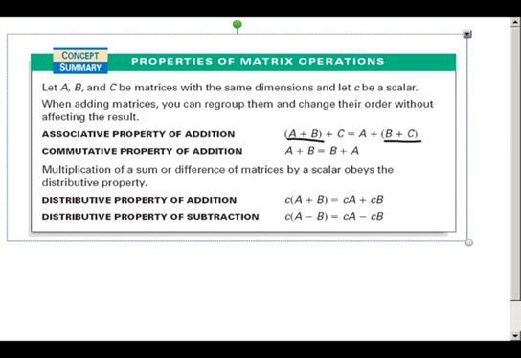The commutative property of addition, A plus B equals B plus A. This holds true. Now this is not necessarily true for multiplication and division, so keep that in mind. We also have the distributive property. You have some scalar quantity, and you can distribute that to each of the items inside of parentheses under addition or subtraction. Works very nicely in either of those.